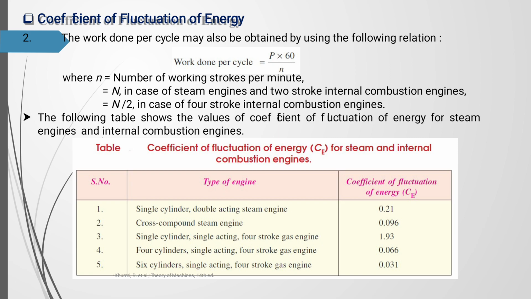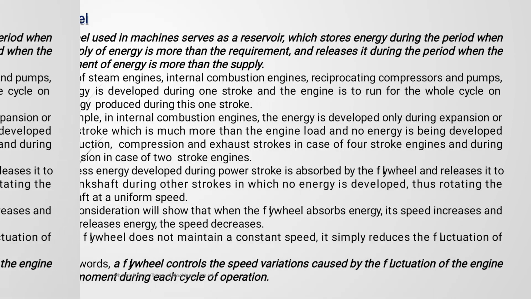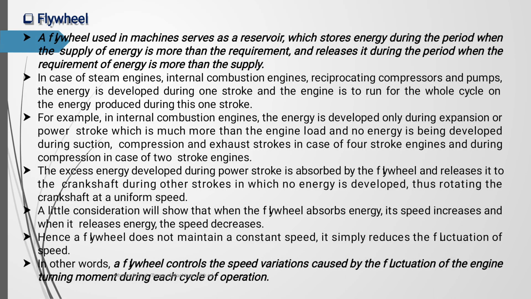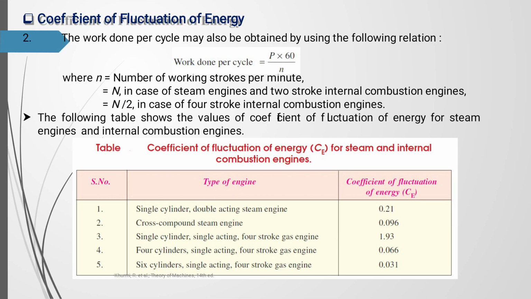Up to this, we have completely seen the major points on turning moment diagrams: how the turning moment diagrams differ, how they can be constructed, what the fluctuation of energy is, the coefficient of fluctuation of energy, and how we can calculate the maximum fluctuation of energy, the delta E values.